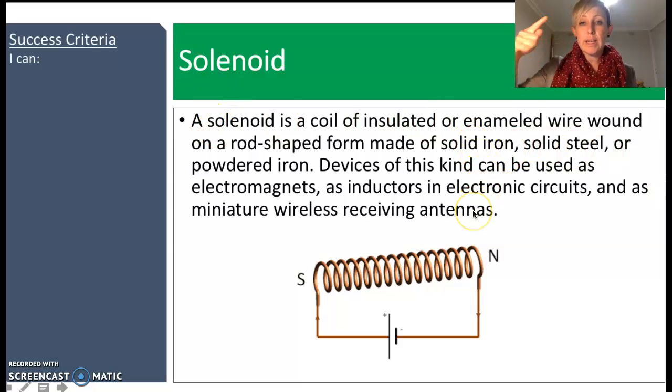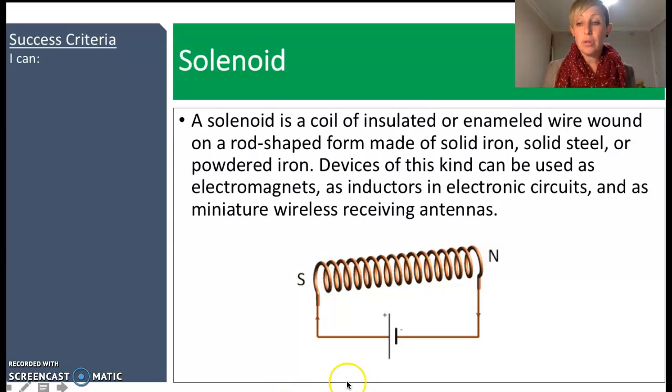A solenoid is a coil of wire, and you built a solenoid in your electromagnet practical, when you wound a wire carrying a current around a soft iron core or a long nail. The solenoid rule helps you determine which end of that electromagnet is north and which is south by working out what direction the current is travelling in, again using your right hand.